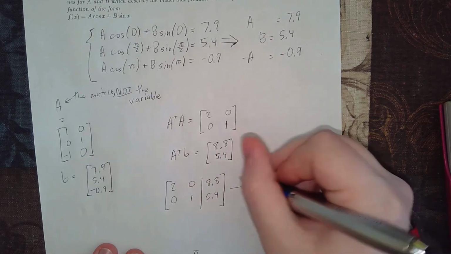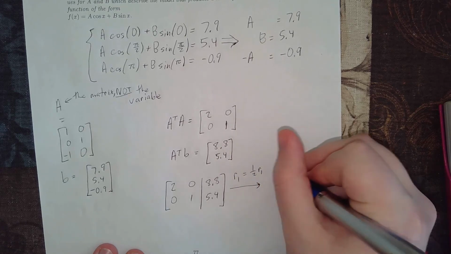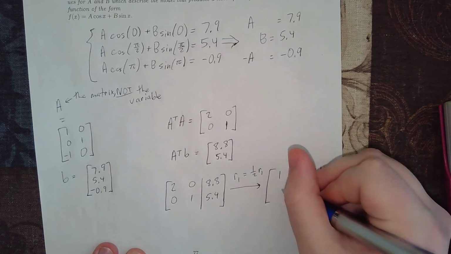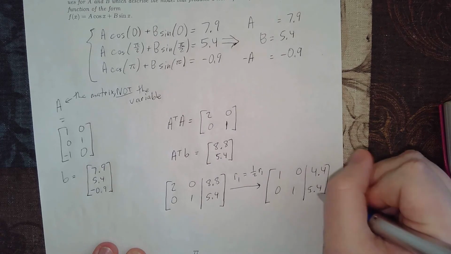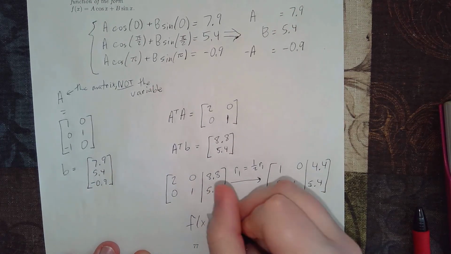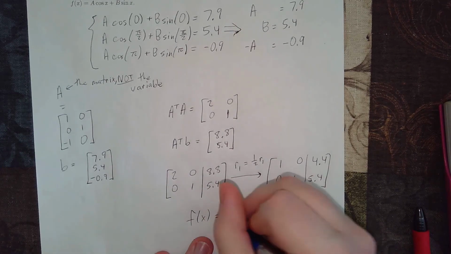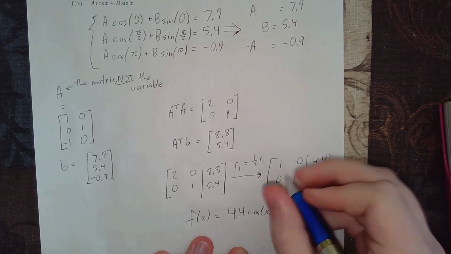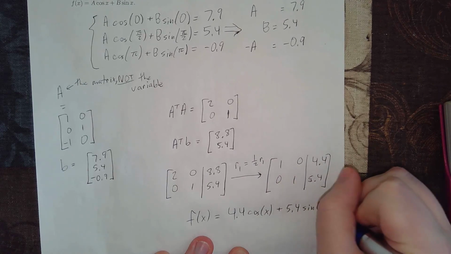And to do the row reduction here, all we need to do is take row 1 and divide it by 2, and we get 1, 0, 4.4, 0, 1, 5.4. And so taking this, that means that our least squares approximation for this particular trig function is going to end up being 4.4 cosine of x plus 5.4 sine of x.